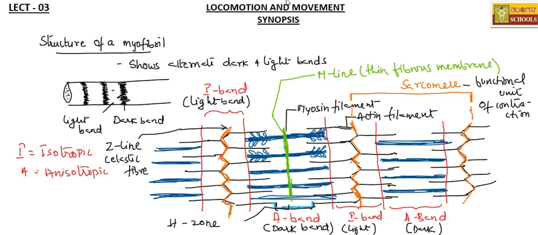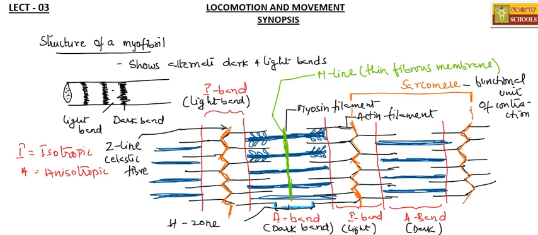We have seen in between the I band, the light band, we have the Z line, which is an elastic fiber, and in the A band we have one thin fibrous membrane, we call it the M line. Now in the A band you will see some portion where there is overlapping of myosin with actin, and some portion where there is no overlapping of actin with myosin.